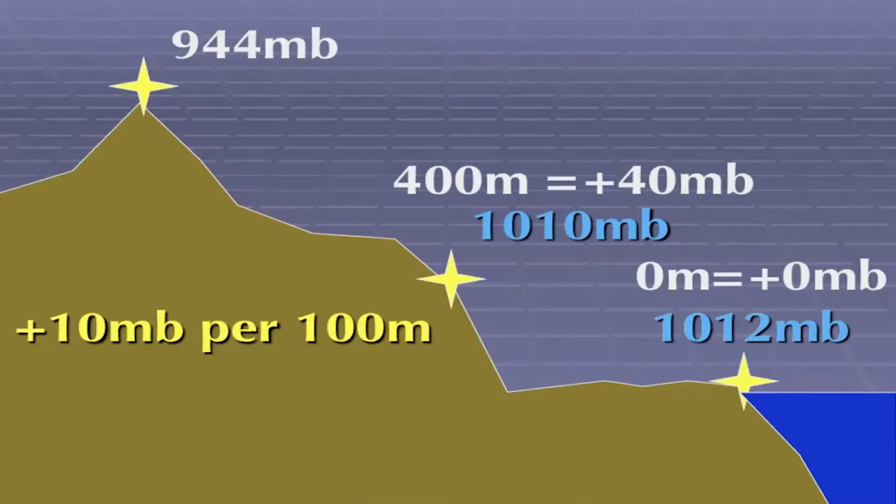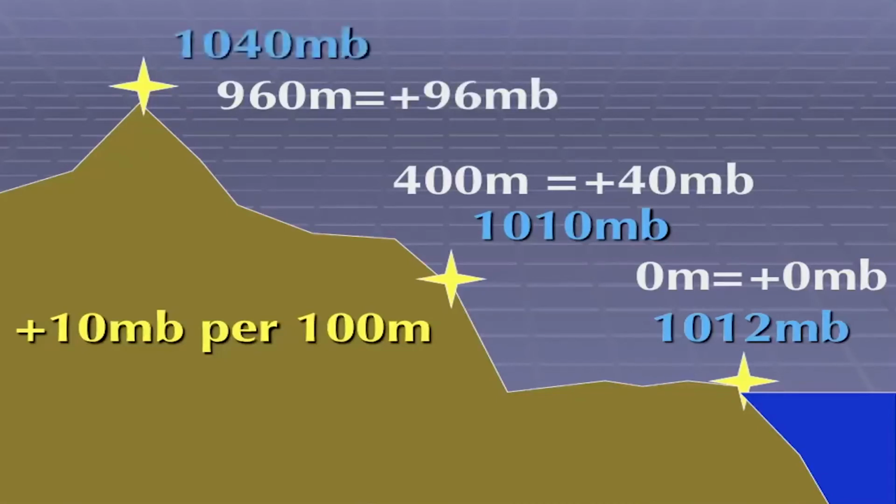We'll do that one more time. At the top of the mountain, it's 960 meters. Go ahead and pause the video and see if you can figure out what the pressure should be at sea level at that station. Okay, you should be adding 96 millibars, and that means you should have a pressure of 1040.